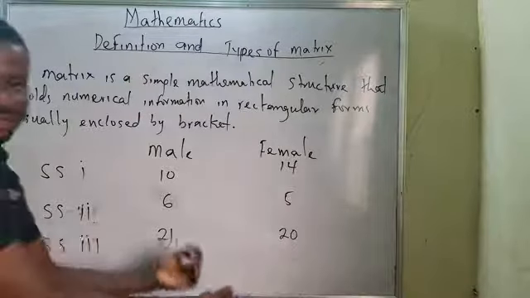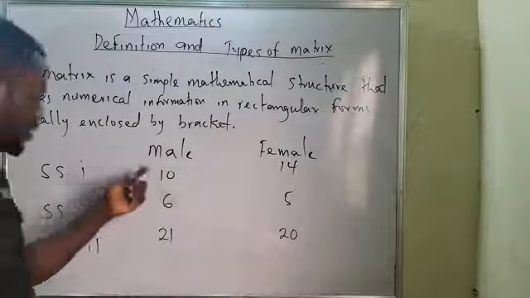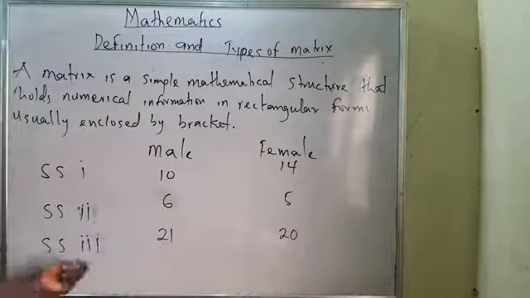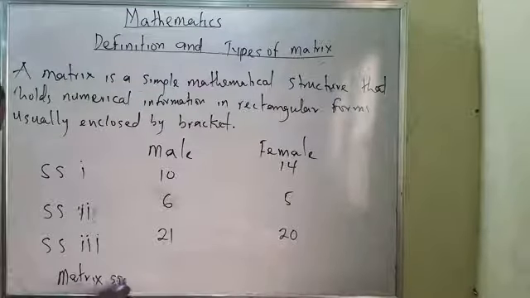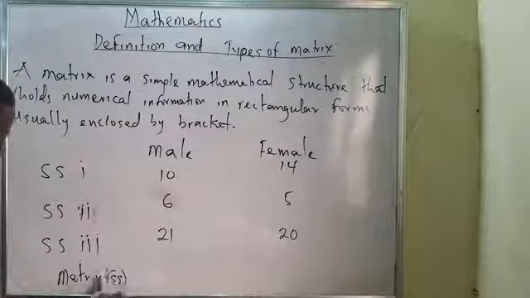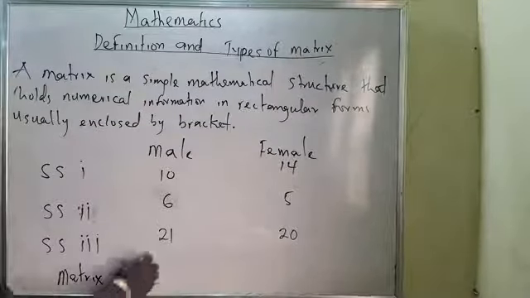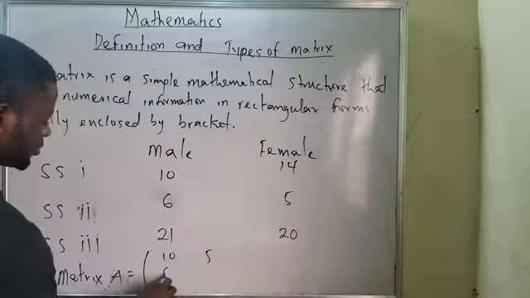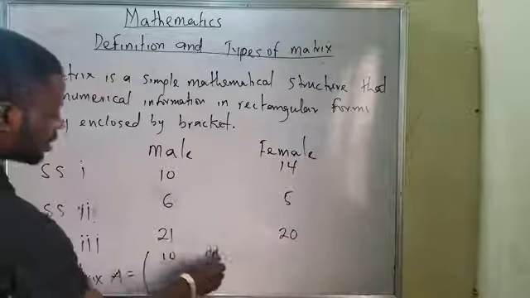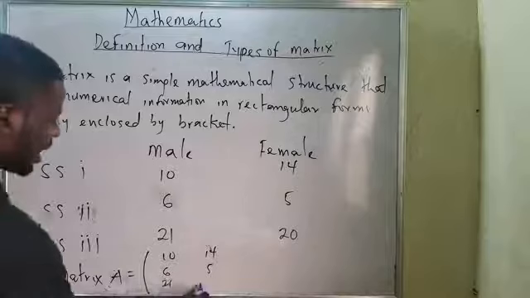By so doing, I've generated another vector, vector 1, vector 2, vector 3, which will lead me to what? A simple matrix. It means I can call it matrix SS, or let me call it matrix A, which would equal 10, 5, 6, 10, 14, 5, and 21 and 20.